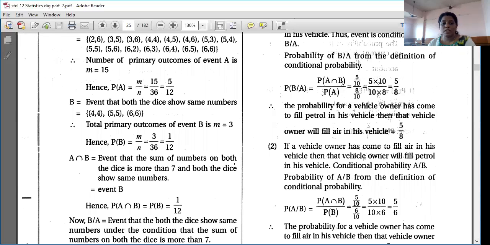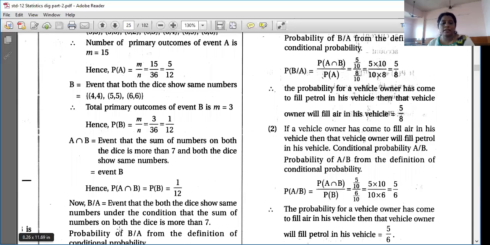Even that the sum of the numbers on both the dice is more than 7 and both the dice shows the same number, that will be equal to your event B only. है ना? Shows the same number and should be more than 7. वही होगा 4, 4, 5, 5 and 6, 6. Same as event B. So P of A intersection B is equal to P of B. And that is equal to, what is the answer of P of B? 1 by 12. Okay, so your A intersection B will be also 1 by 12.